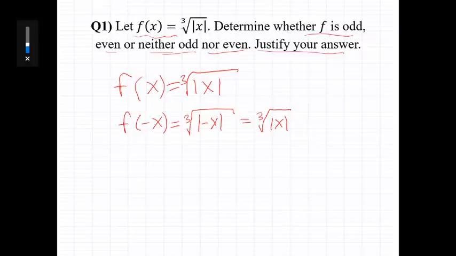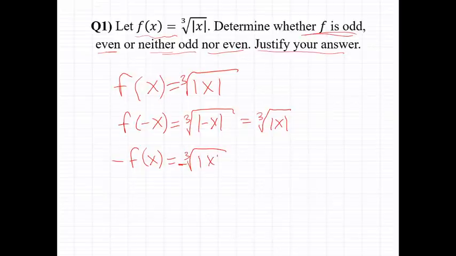And then you can also check negative f of x. I generally write all three of them. Then it becomes minus the cube root of the absolute value of x.